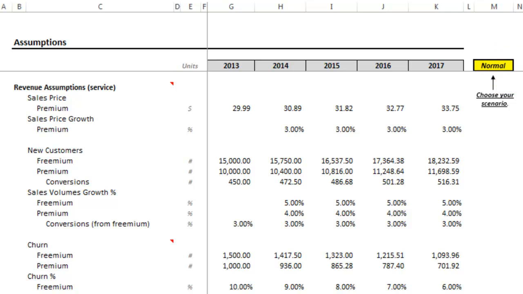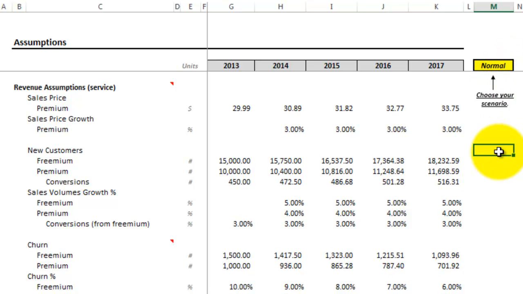And to change this, we can just use the drop down here. So let me change this to the optimistic. You can see some of the numbers change there. So when those numbers are changed, they filter through to the entire model. So it's super easy to conduct scenario and sensitivity analysis. Alright, let me go ahead and change this back to the base scenario.